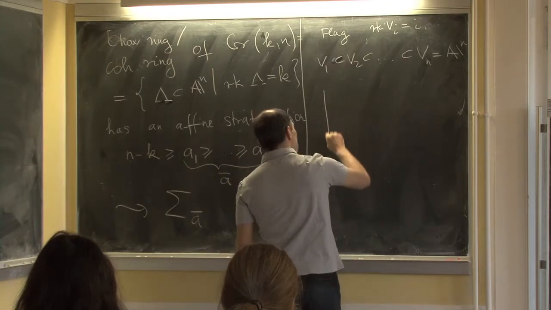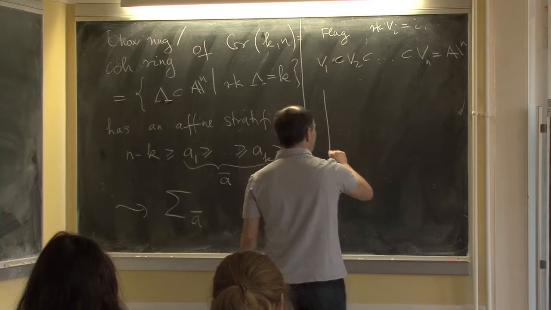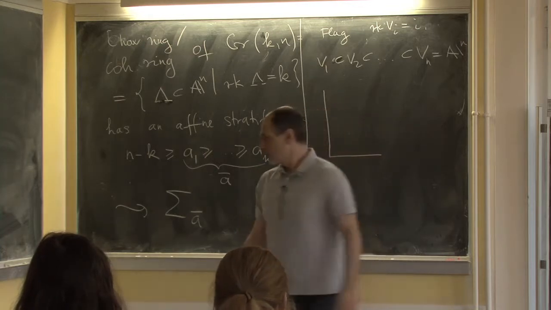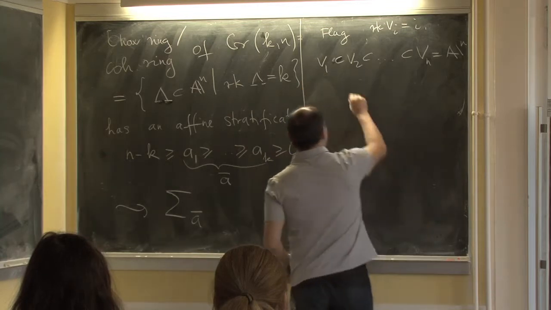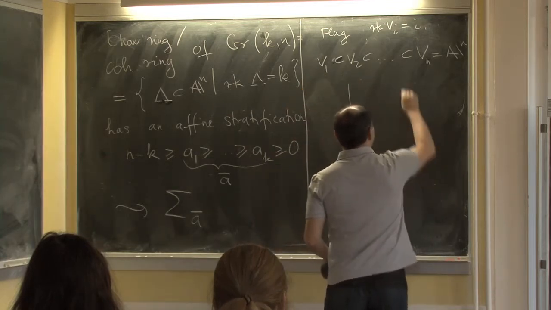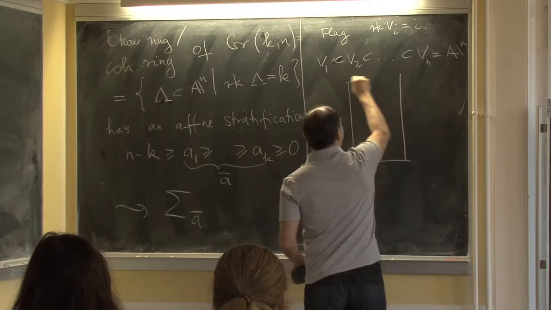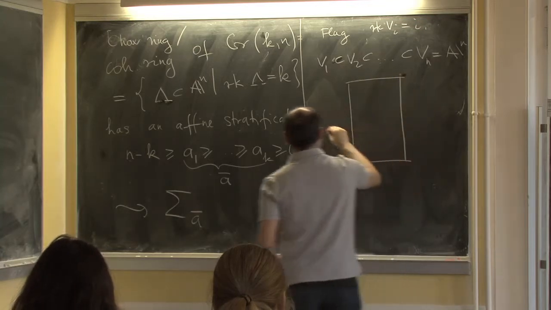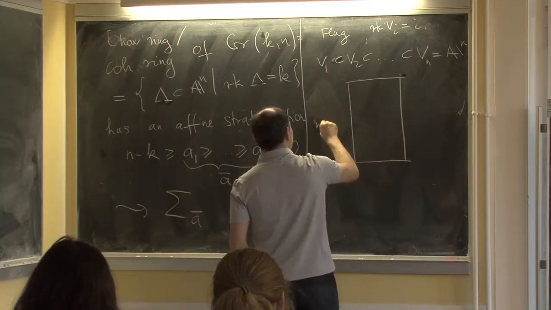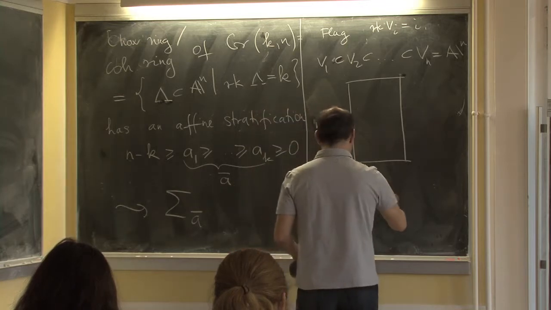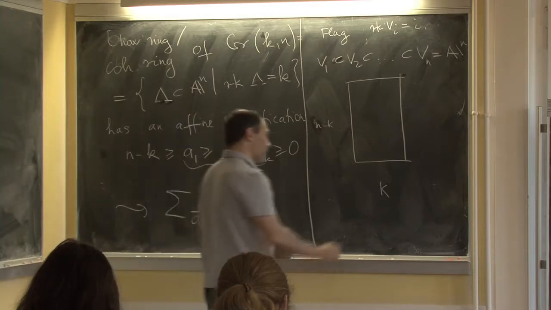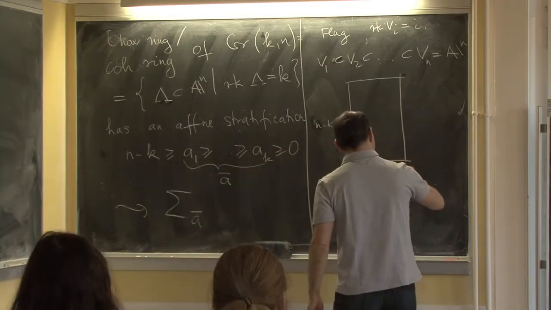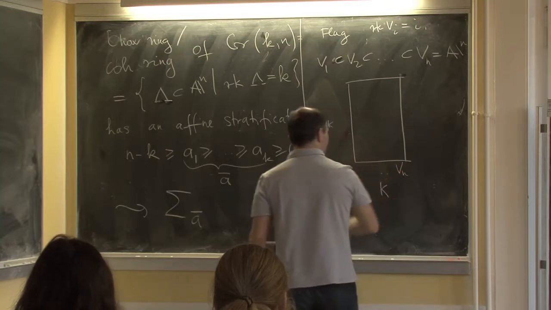And the idea is precisely the following. You draw a rectangle. You draw an n minus k by k rectangle. So here is n minus k, the height, and here is k. And so a good way of doing it is the following. You can write here maybe Vn, and then you go on.